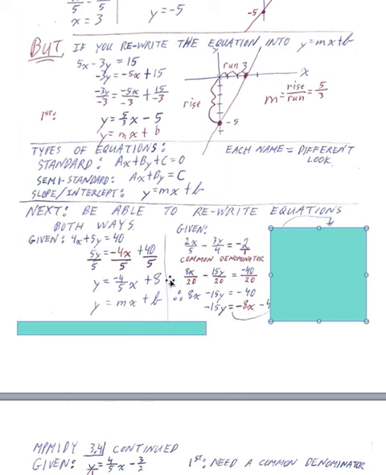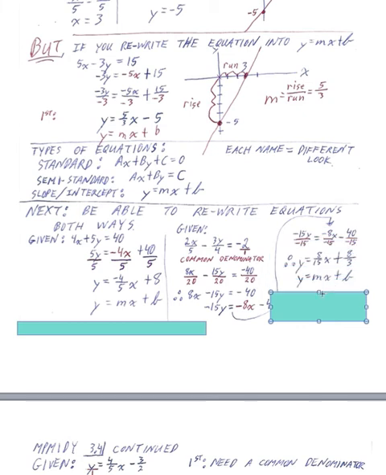Okay? Once we are all on the same level, same floor, 20, 20, 20, then what I can do is concentrate on the numerators. Just the 8x, just the 15y, and just the 40. Now I'm going to rewrite it into y equals mx plus b. Okay, I'll just get that out of the way.